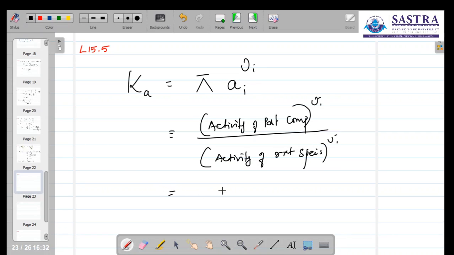So this can be written as, say, a_C to the power c into a_D to the power d, divided by a of component A to the power a into a of component B to the power b.